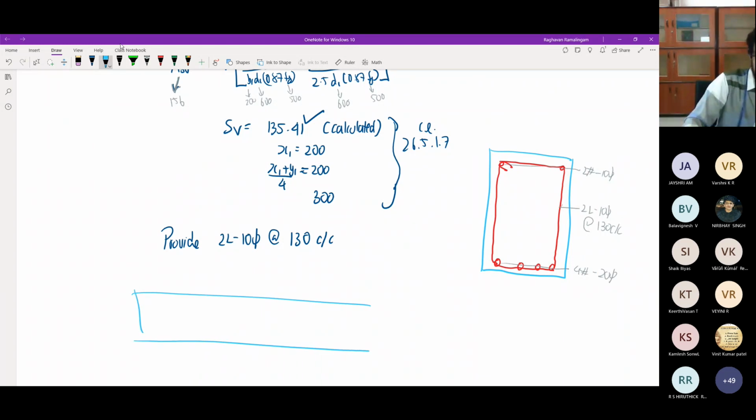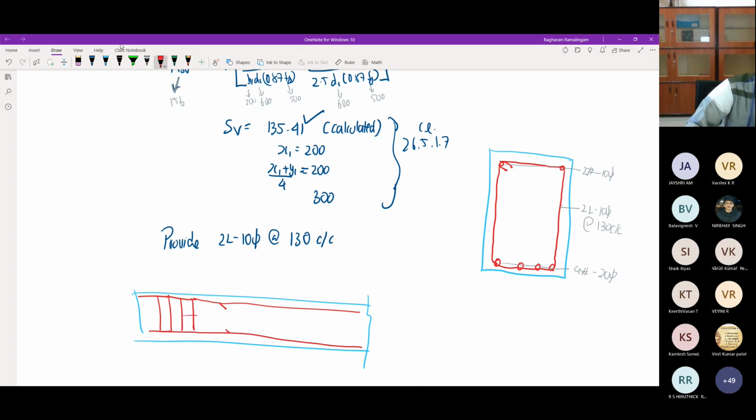So top you may give something, bottom you have your 4 numbers of 20 diameter bars, and of course this will continue still.